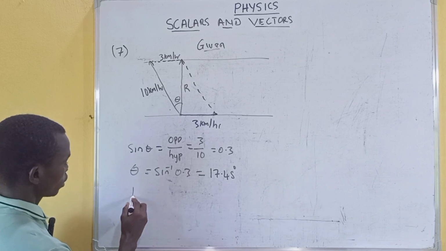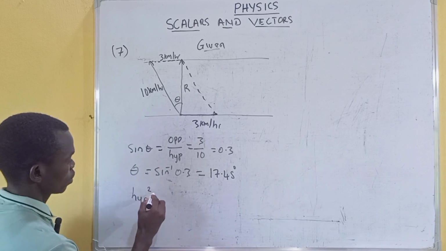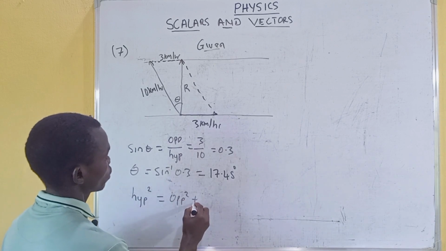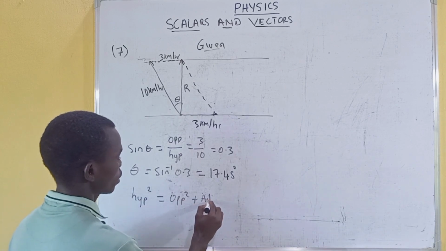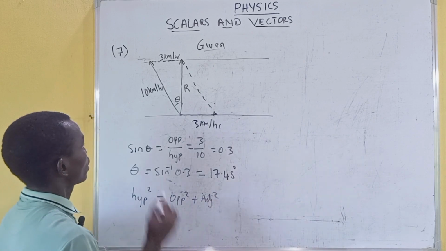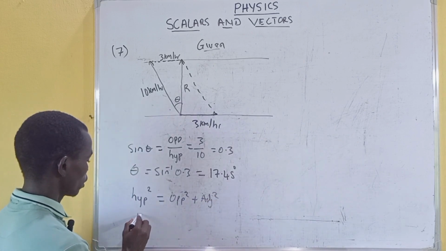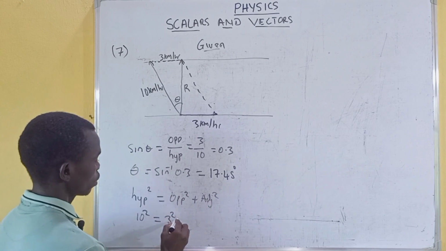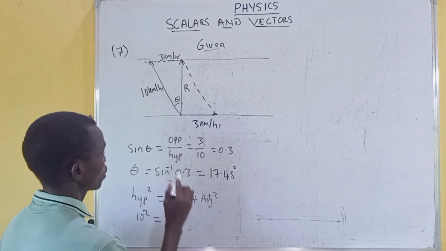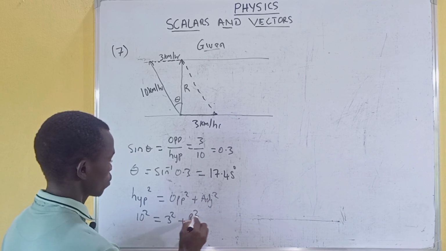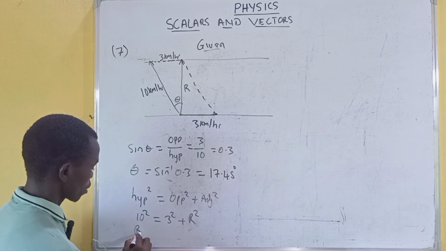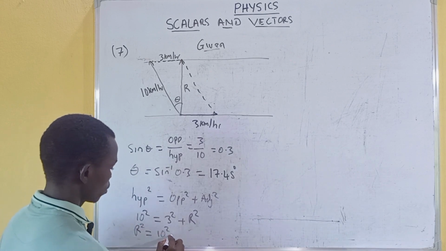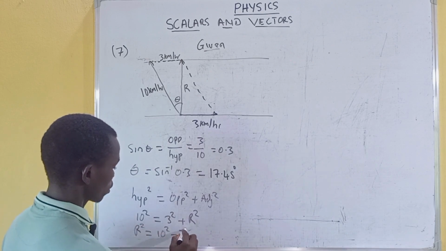From here, we can find our resultant using the Pythagorean theorem. We say that hypotenuse squared is equal to opposite squared plus adjacent squared. Our hypotenuse is 10 squared, equal to opposite 3 squared plus adjacent, which is the resultant squared. So our resultant squared will be equal to 10 squared minus 3 squared.